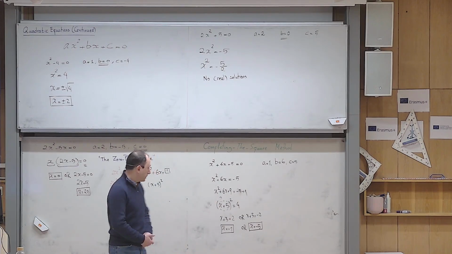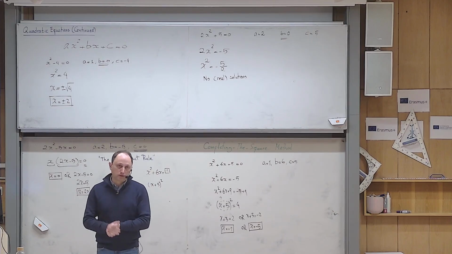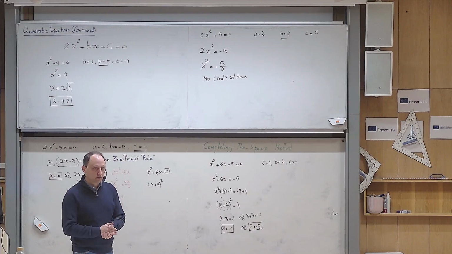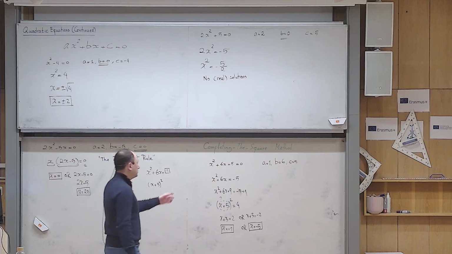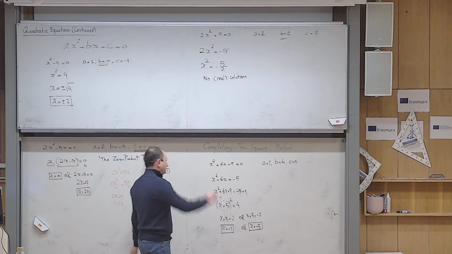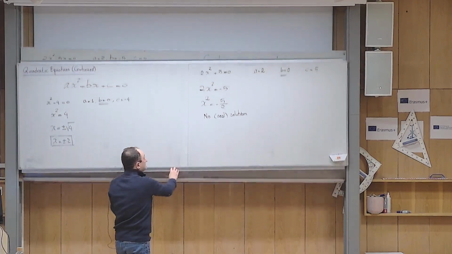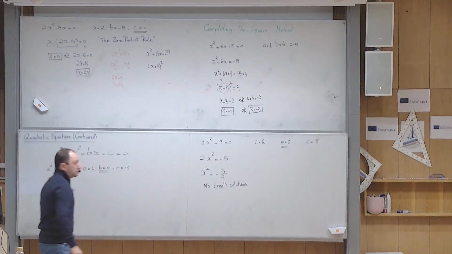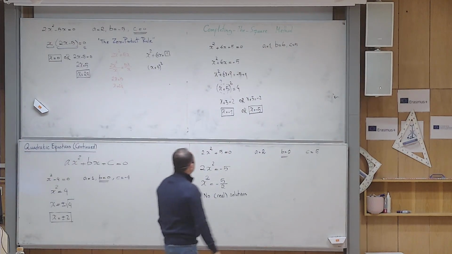One of them is minus 1, the other one is minus 5, and there are no more. Is that right? Okay, so let us practice this a little bit. Method of completing the square. Okay, so let us give you more examples.